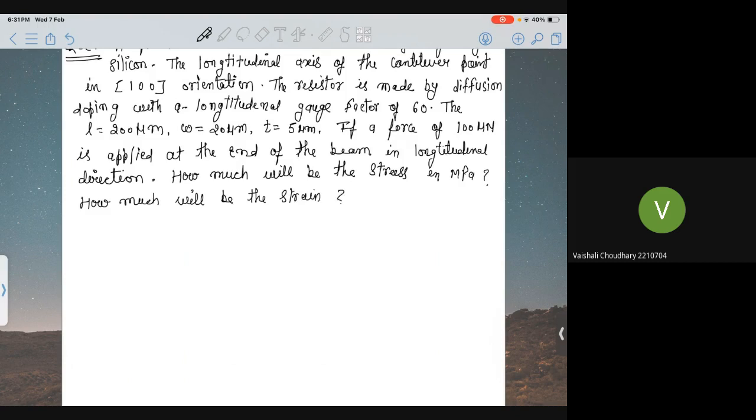Also, the change in resistance we have to calculate. If the initial resistance R is 10 kilo, we have to calculate the change in resistance also. The Young's modulus of elasticity is 130 gigapascal. Okay.